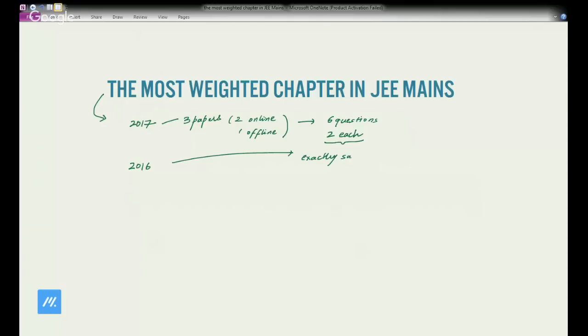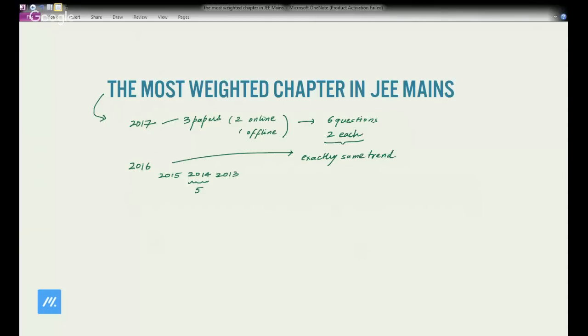Exactly the same trend. And in fact, if I want to talk about trend, it has been the same for all the years. In fact, 2014 was a year where they had five JEE Mains papers, because four JEE Mains were conducted online.